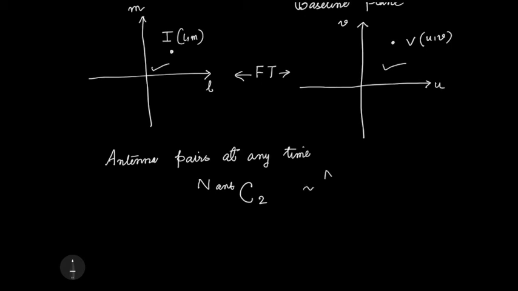So for n antenna equals 30 for say GMRT, this number is 435. So 30 into 29 by 2, which is very small. So you only measure 435 points in the baseline plane.